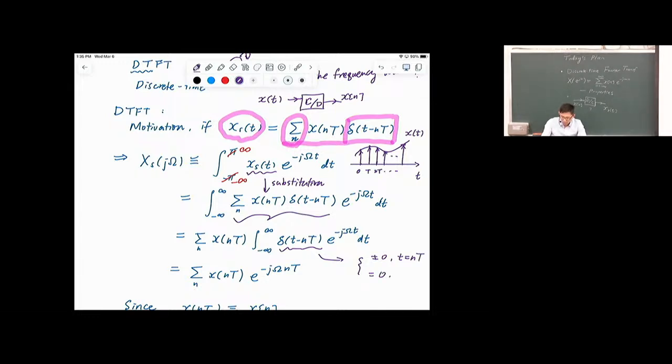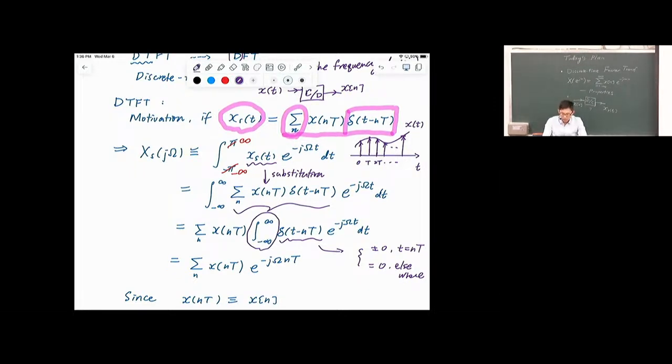Otherwise, it's zero elsewhere. This is the basic property of the delta function, right? For a delta function, if we take the integral, the result is equal to evaluating this coefficient right at that time.